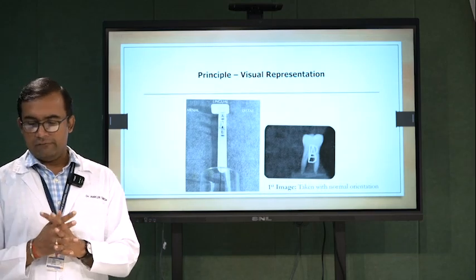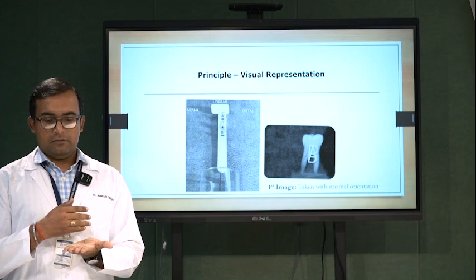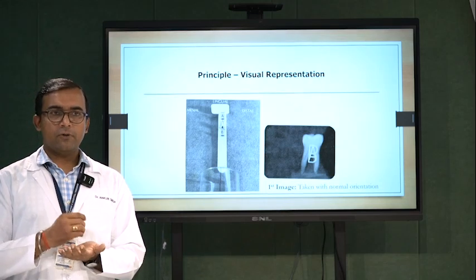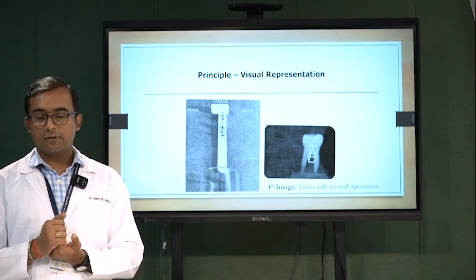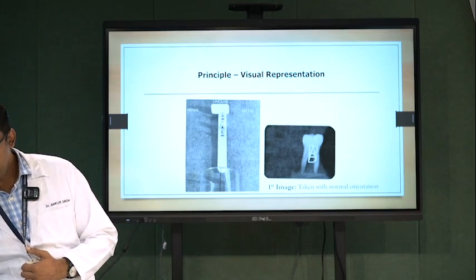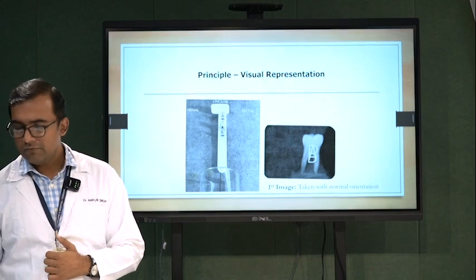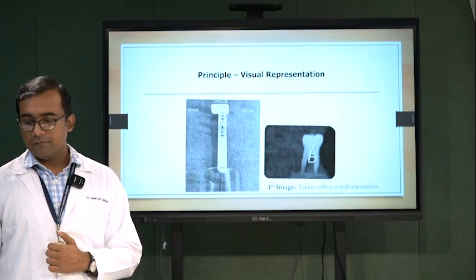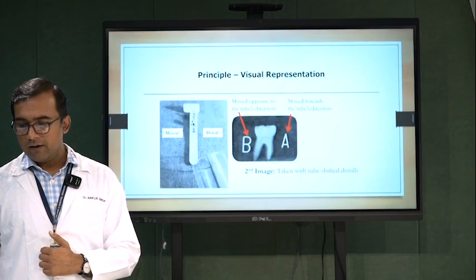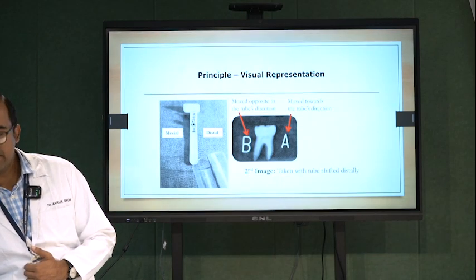But we don't know whether A is lingual to the tooth or B is lingual to the tooth. By looking at the IOPA image we can't say. So we perform a tube shift technique. The tube is now shifted towards the distal aspect, still imaging the same objects.